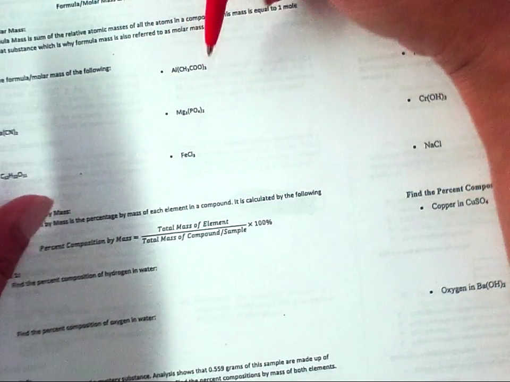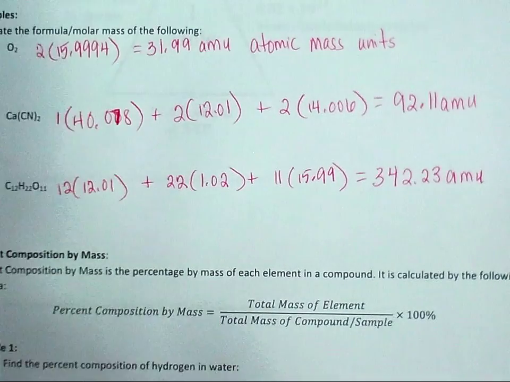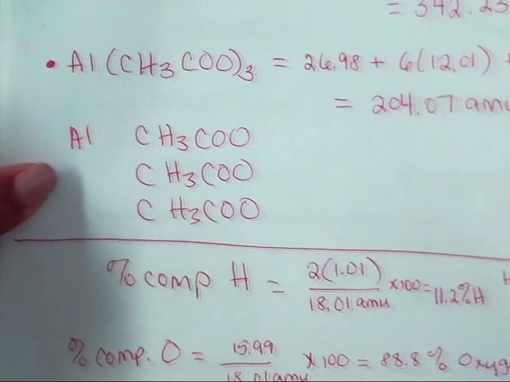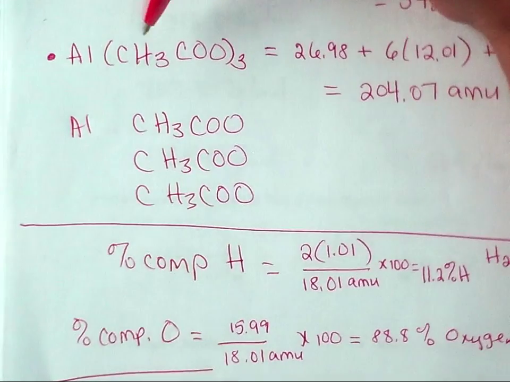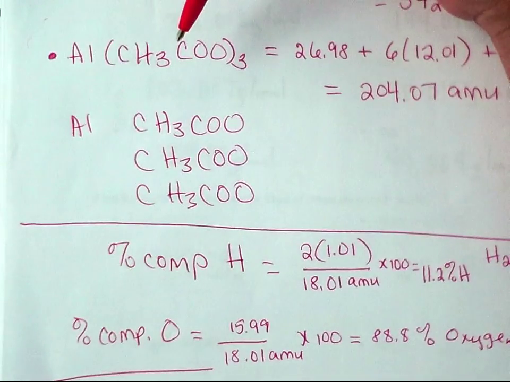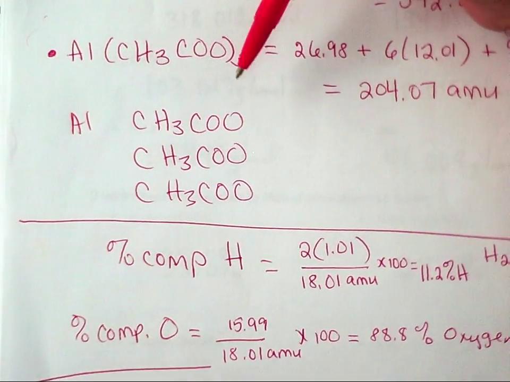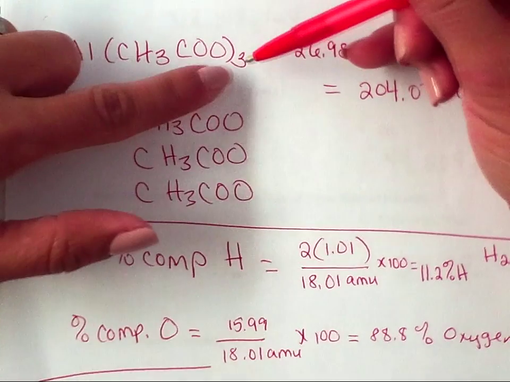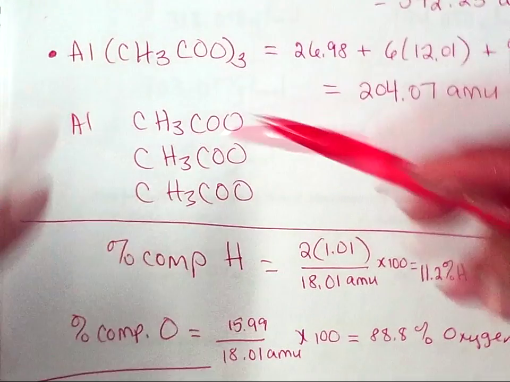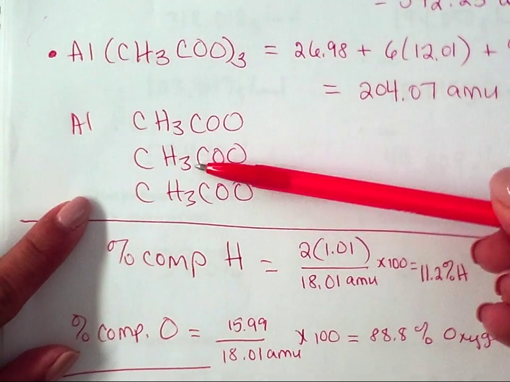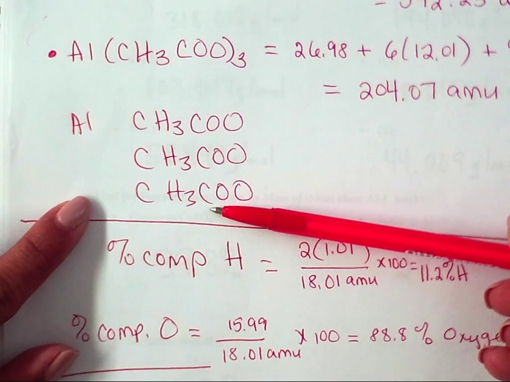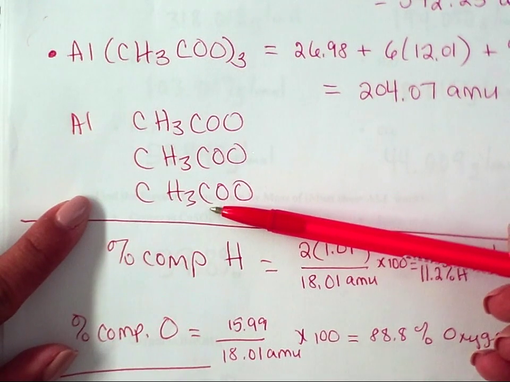This is the tricky part. And so what I did was I wrote it on a separate sheet of paper here just to show you if I have in parentheses the 3 there for the acetate, what this is telling me is that I have 3 of those, which is the same as doing this, but we don't want to have to do that every time. That's a lot of work, okay?